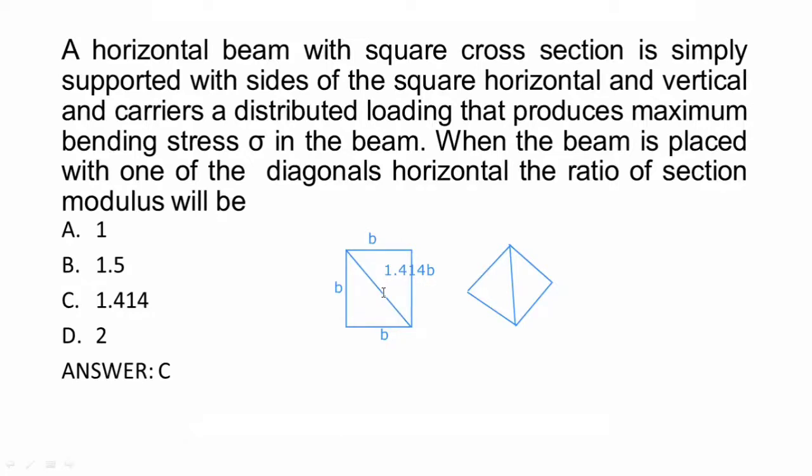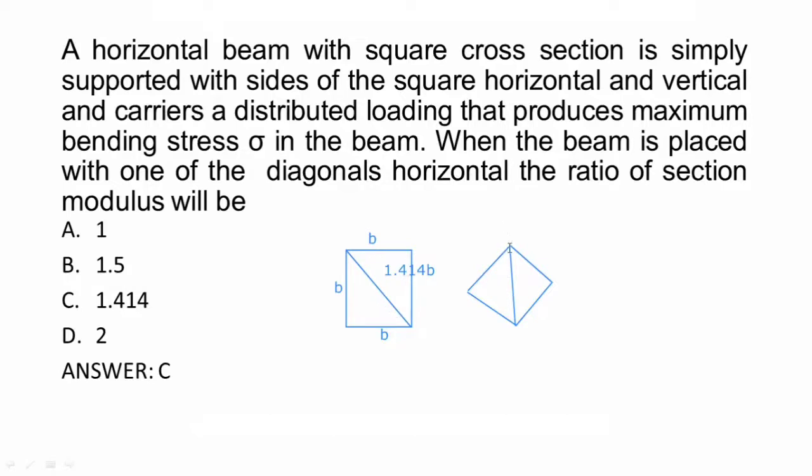So in the bracket it will be 2 times b square. So b square can be taken outside the square root, it will become small b, and square root 2 is 1.414. So the length of this diagonal is 1.414b.